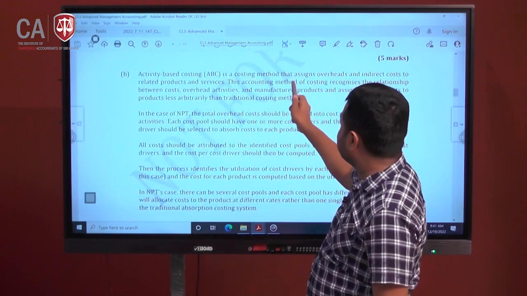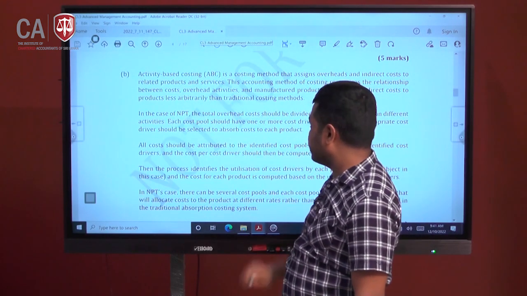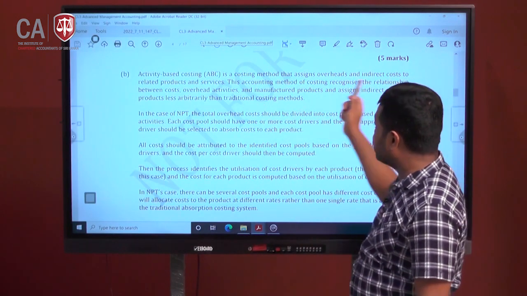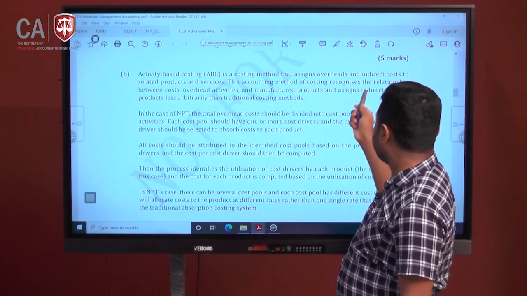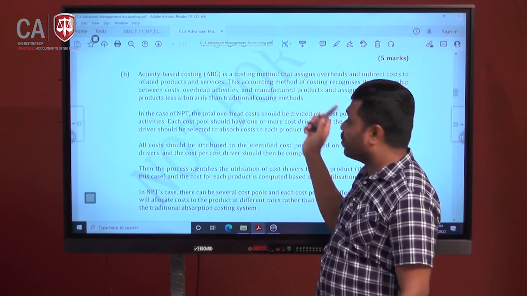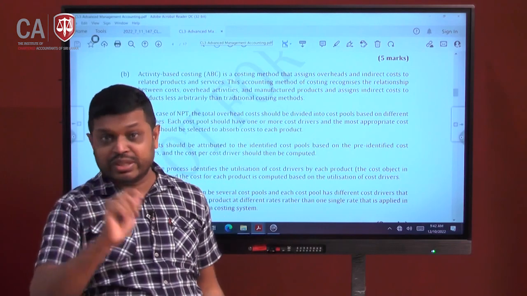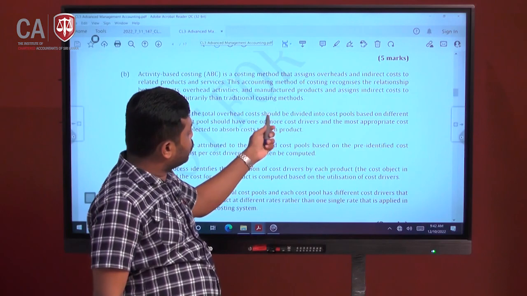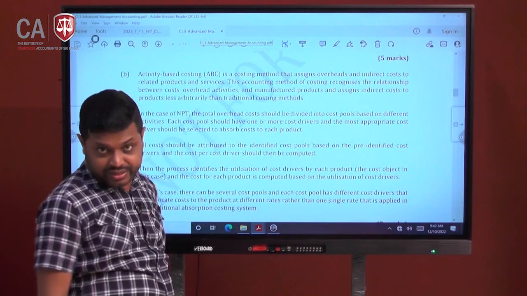ABC is a costing method that assigns overhead and indirect cost to related products and services. This accounting method recognizes the relationship between cost, overhead activities and manufactured products, and assigns indirect cost to products less arbitrarily than the traditional costing system, not arbitrary allocation. You will allocate the cost based on resource consumption. In the case of NPT, the total overhead cost should be divided into cost pools based on different activities.